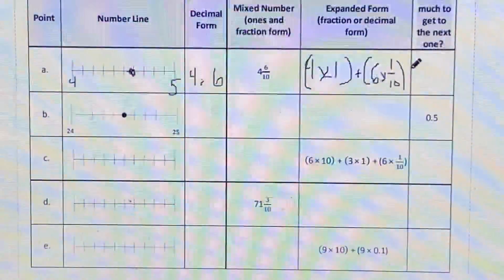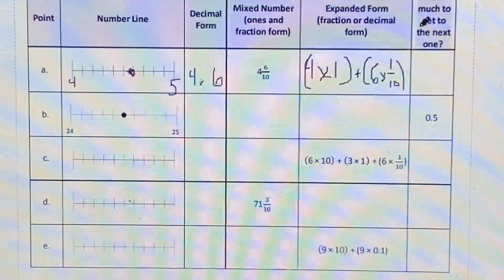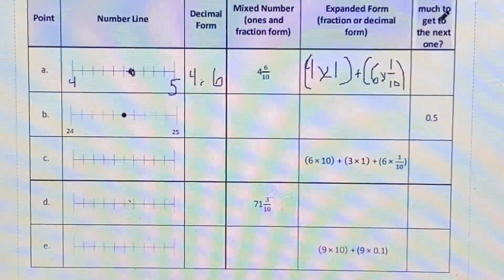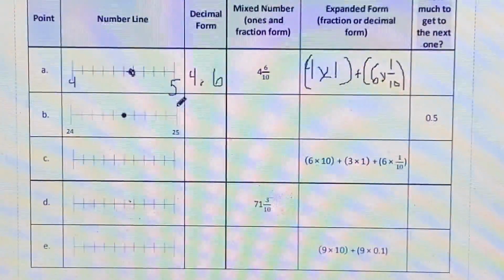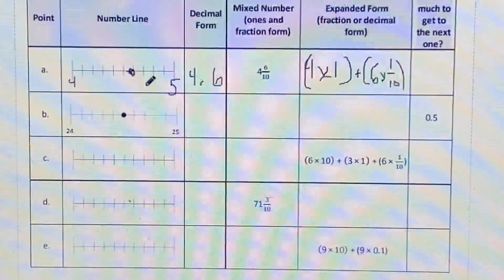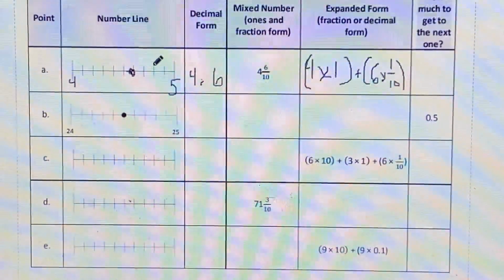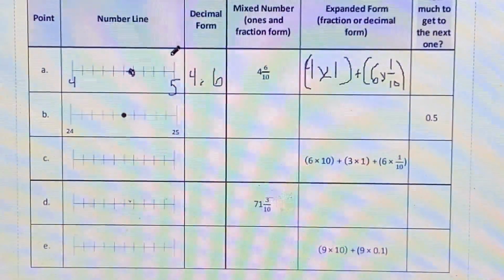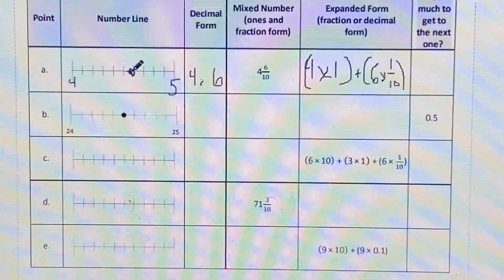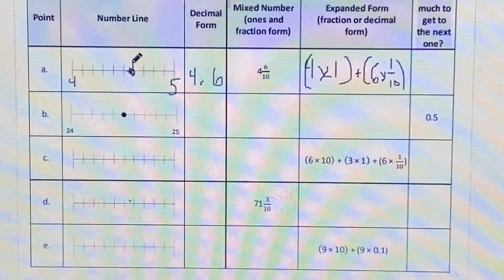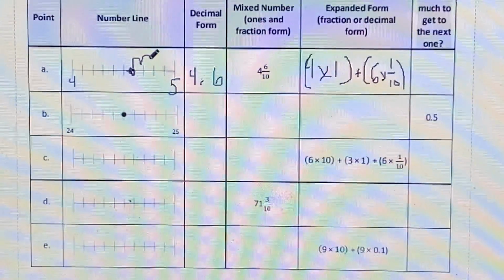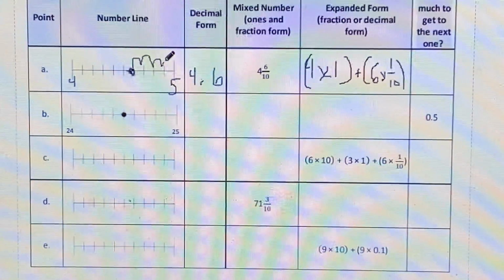But we're not done. We have one more question, which is how much to get to the next one. This whole number is 5. That's the next one. So what I'm going to do is count by hopping over those decomposed lines to see how many hops I need to get to 5. All right, let's see. 1, 2, 3, 4.